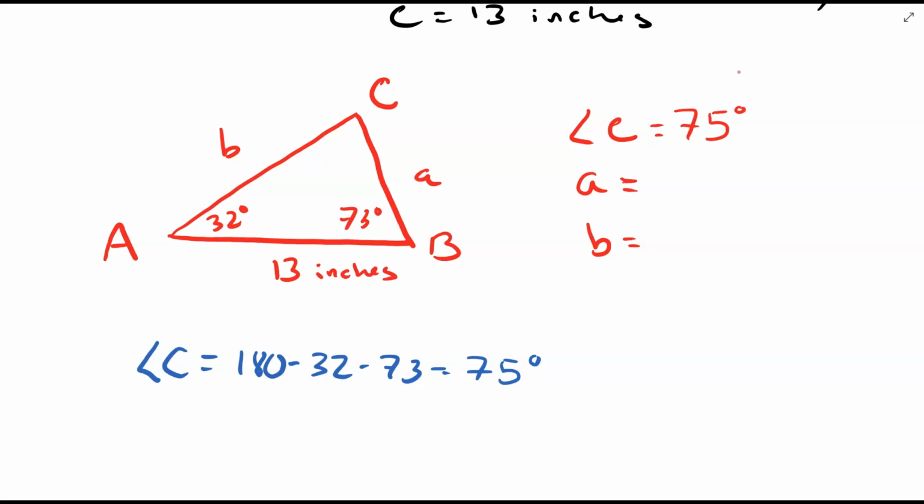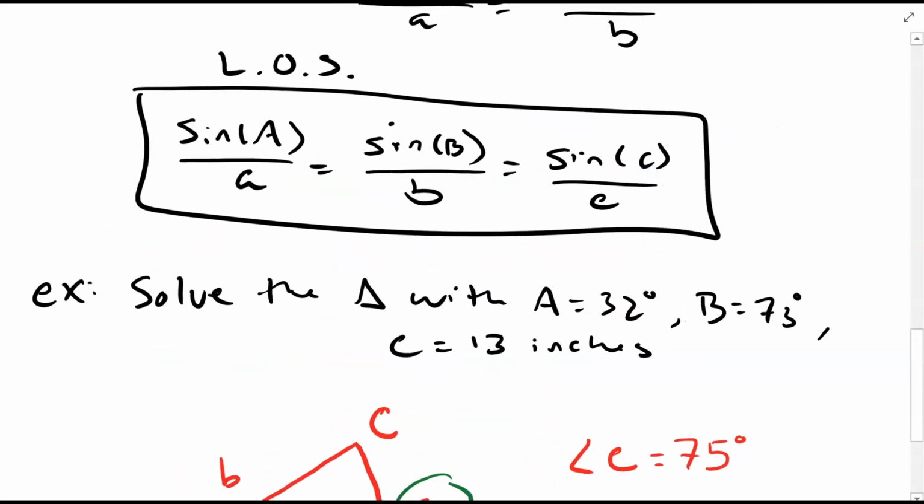Now what? Does it matter which one we solve for next? No. Okay, let's pick one, A or B. A, great. So if I go back and use the law of sines, which two proportions am I going to use? I'm going to use A and C. Very good.